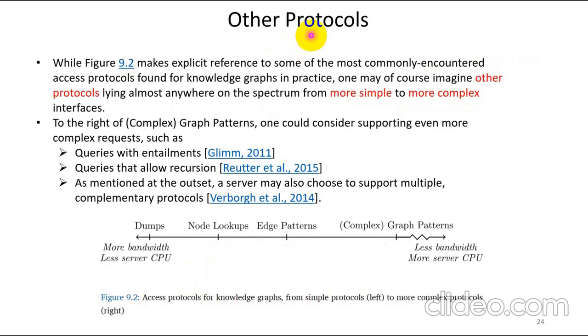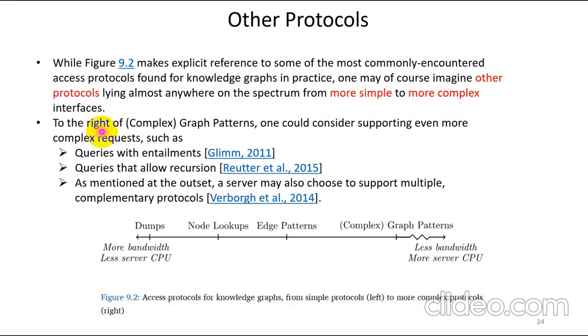Finally, in this slide, we present some other protocols. While Figure 9.2 makes explicit reference to some of the most commonly encountered access protocols found for knowledge graphs in practice, one may encounter many other protocols lying almost anywhere on the spectrum from more simple to more complex interfaces.